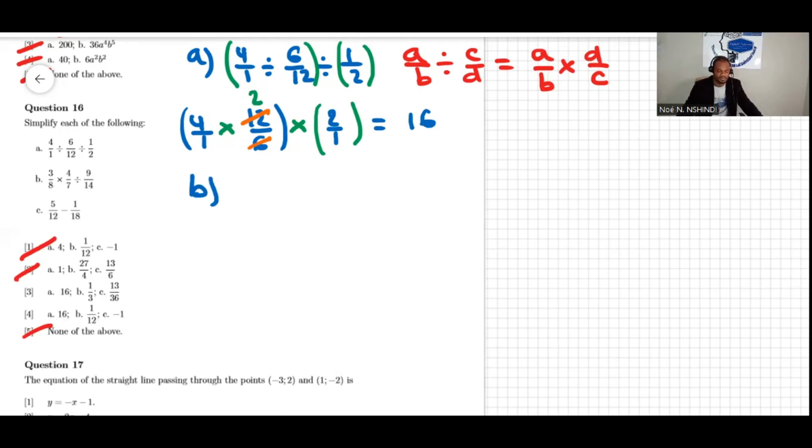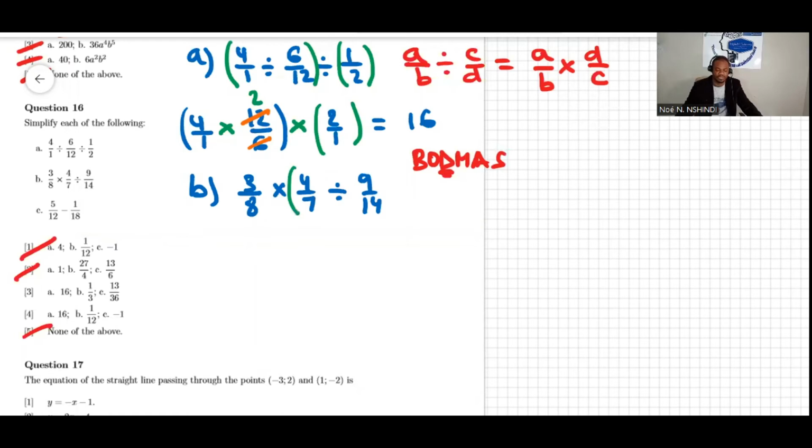B. We have 3/8 multiplied by 4/7 divided by 9/14. Remember when we do BODMAS, or PEMDAS, the division comes before multiplication, so we're going to divide first.